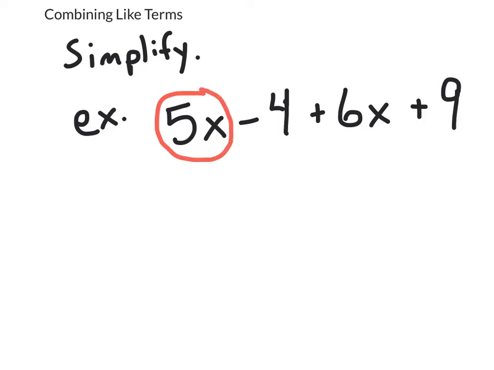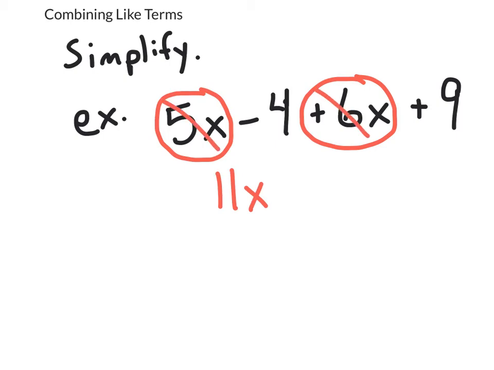I'm going to include that with another term that also just has an x in it. In the middle here I have a 6x, and so I'm going to combine those two terms. I'm going to take 5x and add 6x, and I'm going to have 11x total there. Now I like crossing off things when I've added them up, and so there are those two.